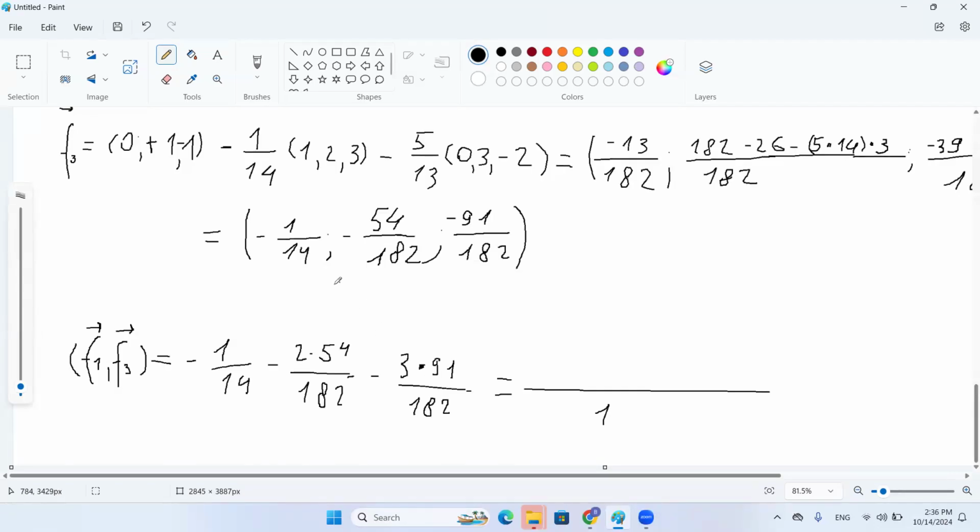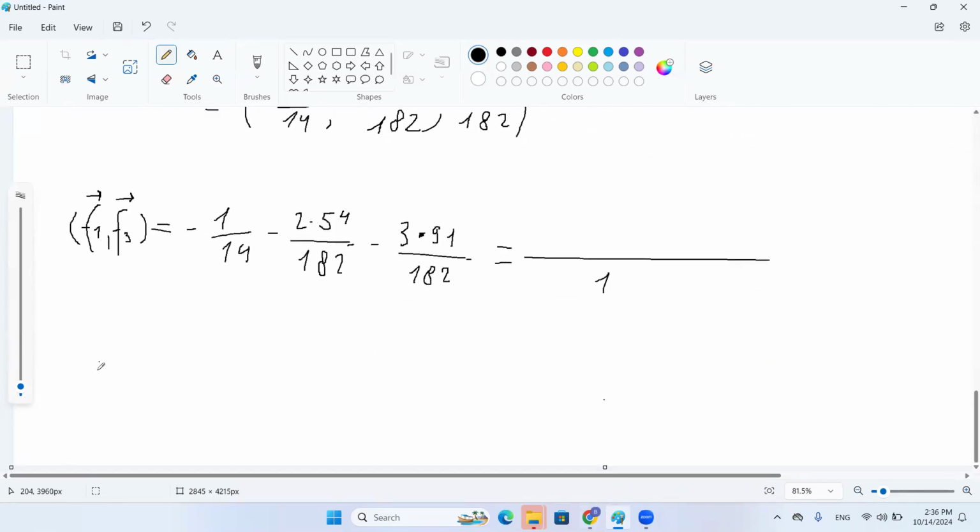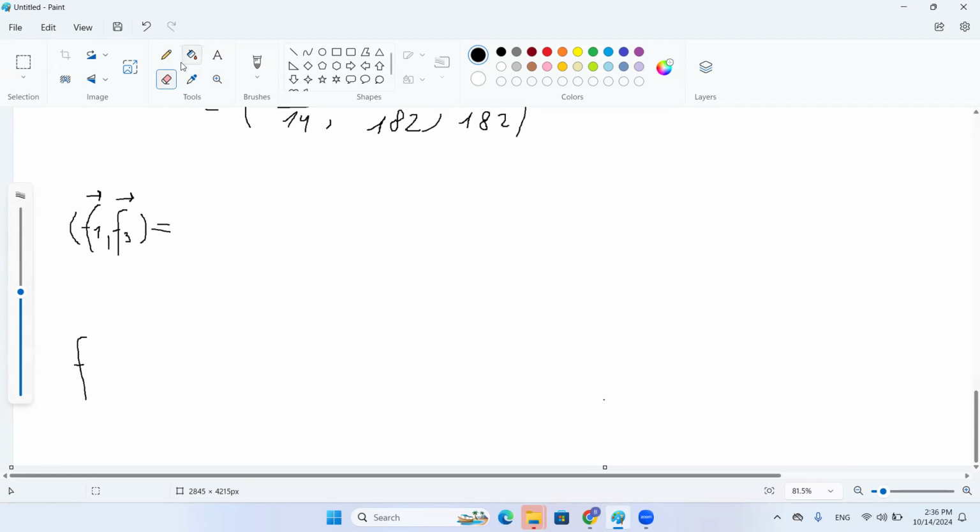Definitely. I have another answer. It is 1 over 14, 69 over 91, and minus 3 over 182. Okay, let's try with this variant. So let's recalculate with your answer.